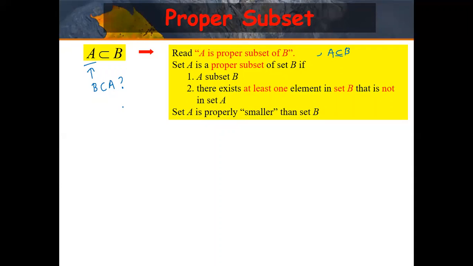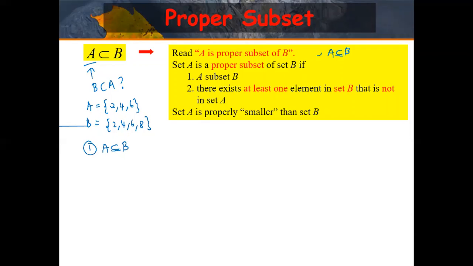Okay, for instance, I have a set A: 2, 4, 6 and a set B: 2, 4, 6, 8. So is A subset B? Yeah. First of all, is A subset B? Ingat the underline. Why?